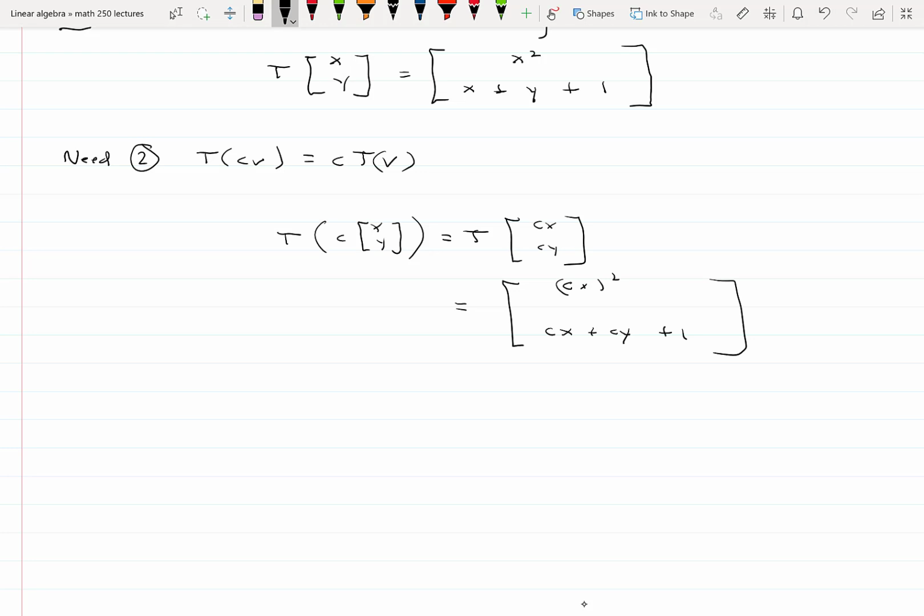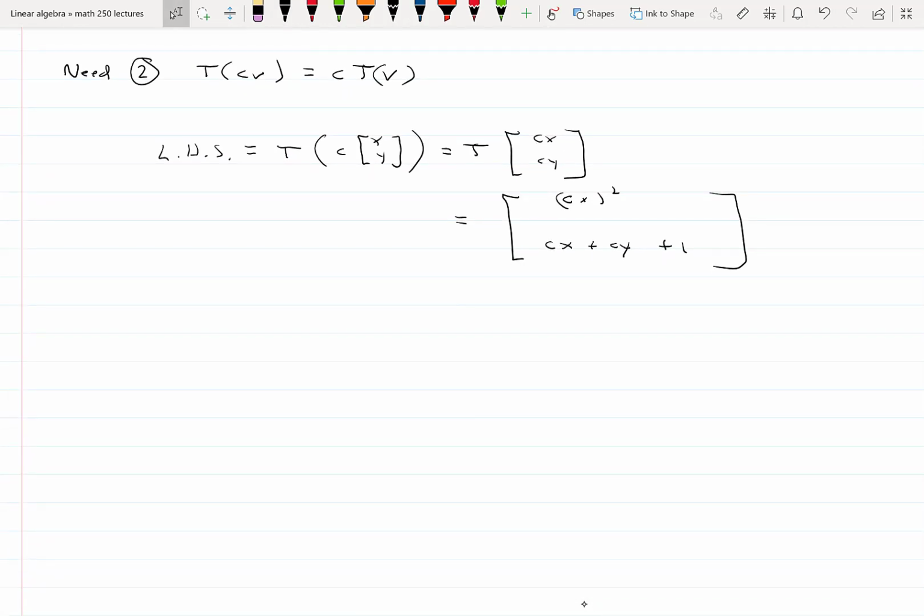So let's separately look at the left-hand side and the right-hand side. Here is the left-hand side. That's T of CV. Let's see what the right-hand side needs to look like. The right-hand side needs to be C times T of V, V being the column vector (x, y).